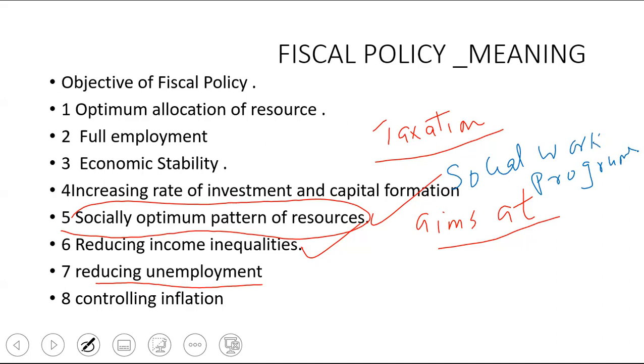Last one, controlling inflation. One of the basic objectives of fiscal policy is to control the price level.